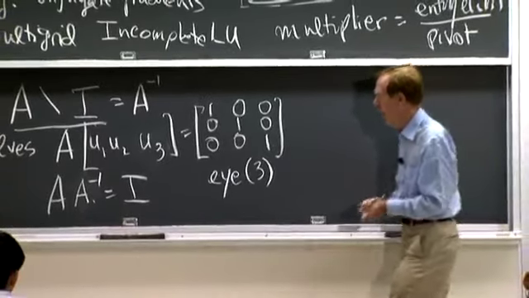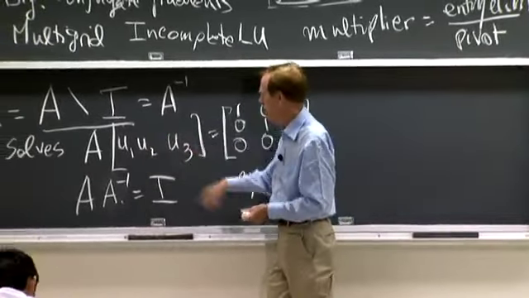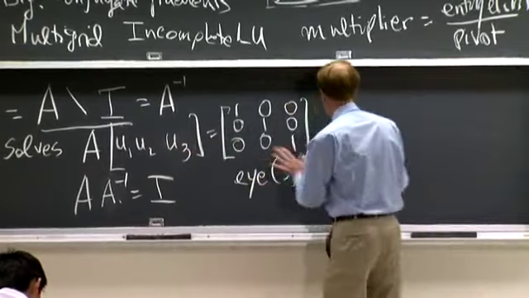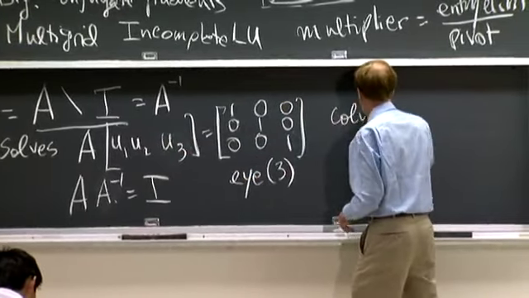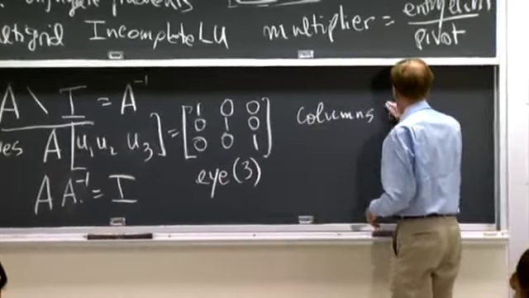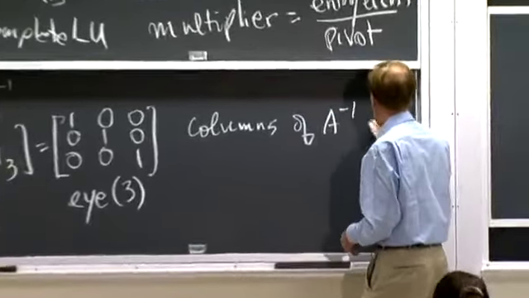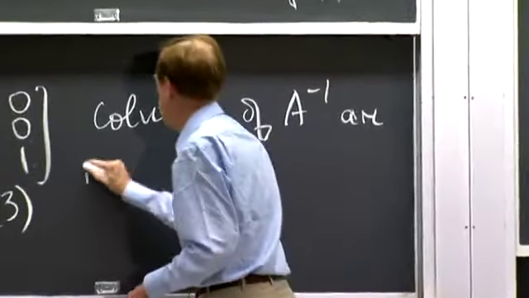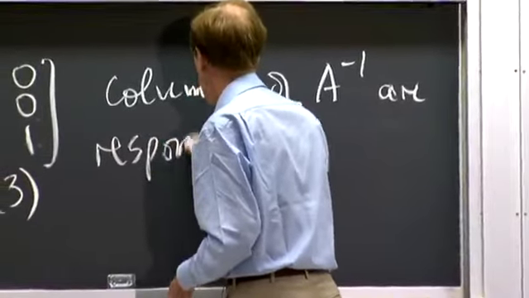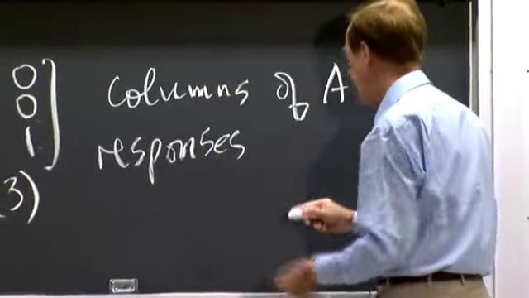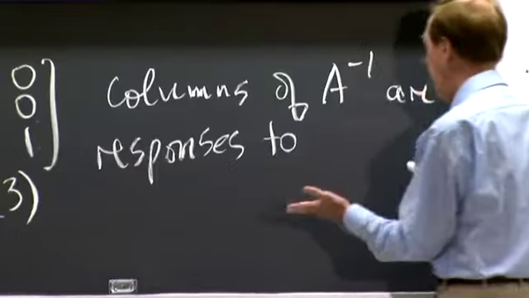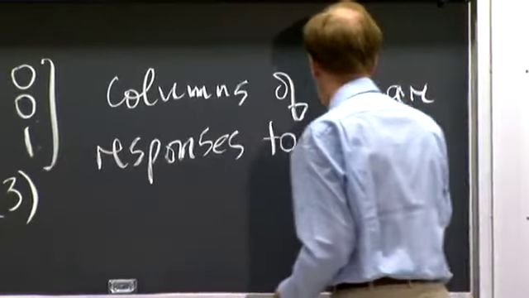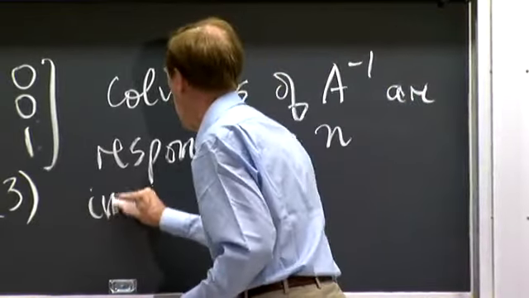That's what we just said. So the columns of A inverse are the responses, the U's, the solutions to the N impulses.